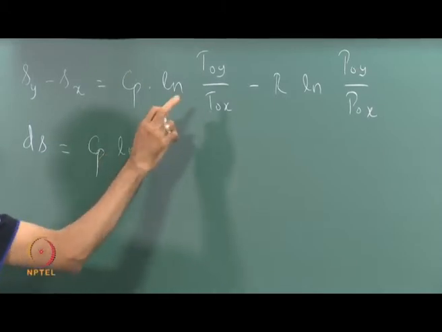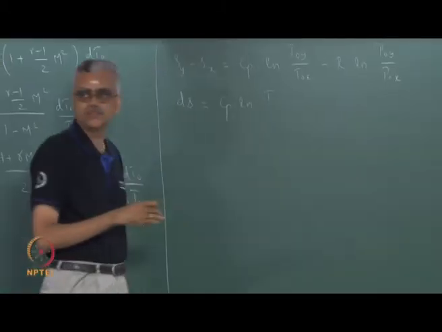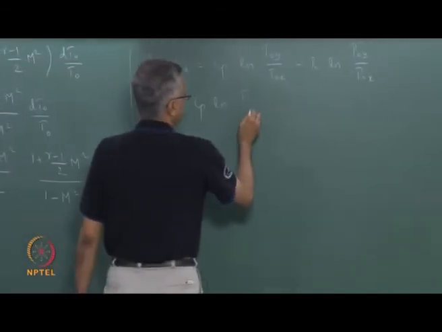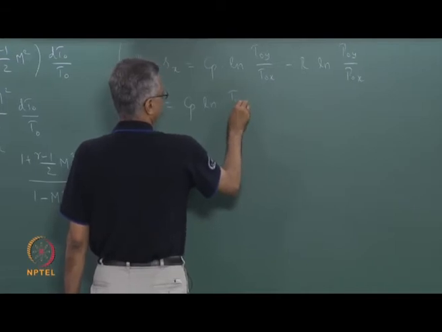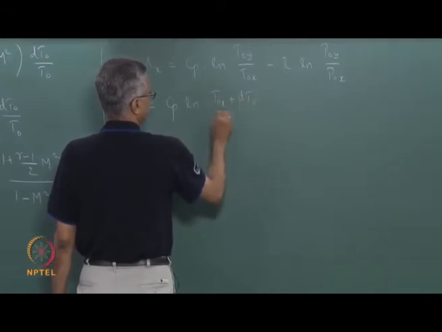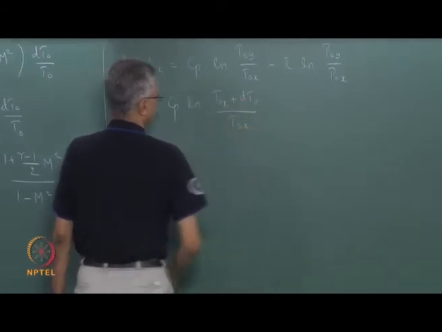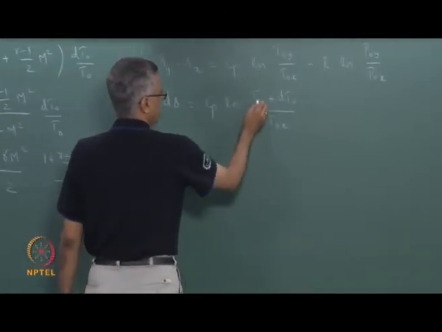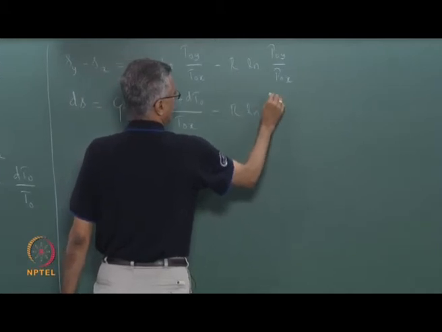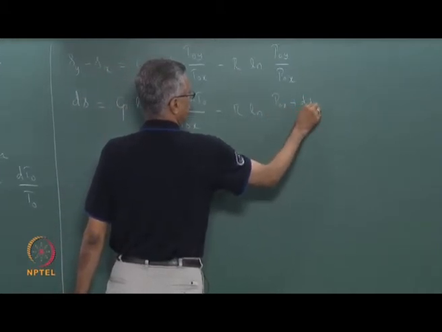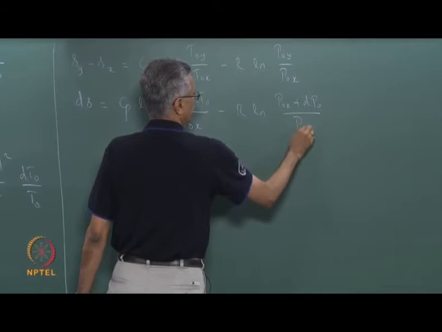T0y is infinitesimally different from T0x, so I am going to write this as T0x plus dT0 divided by T0x, minus R times natural log of P0x plus dP0 divided by P0x.